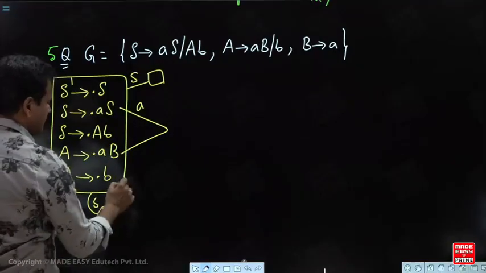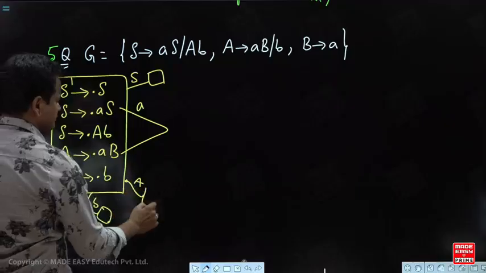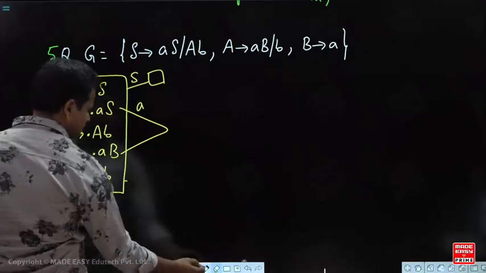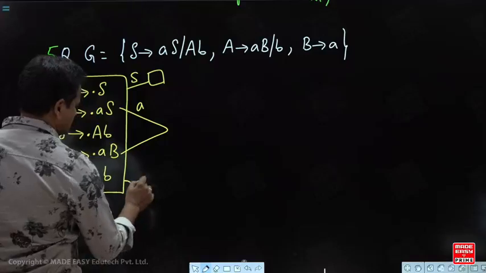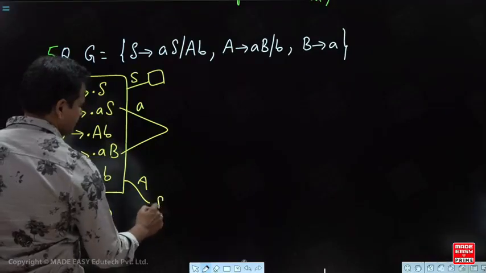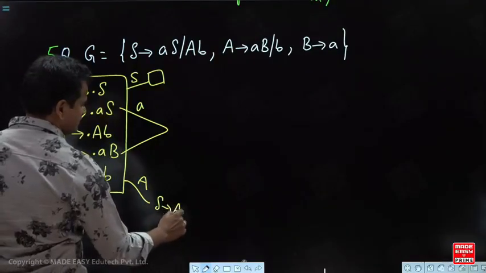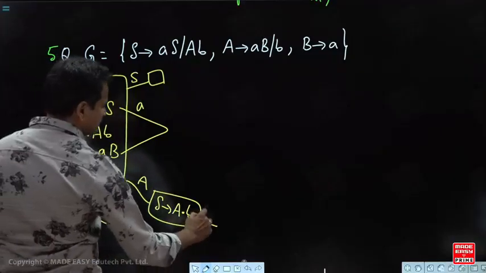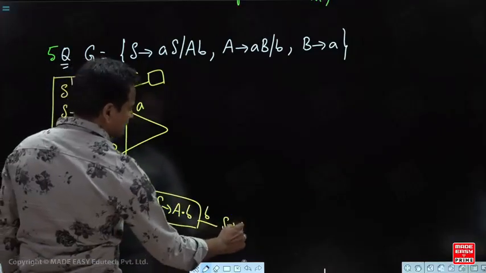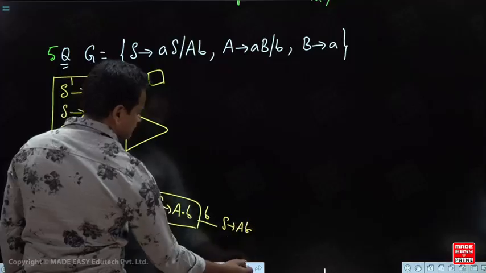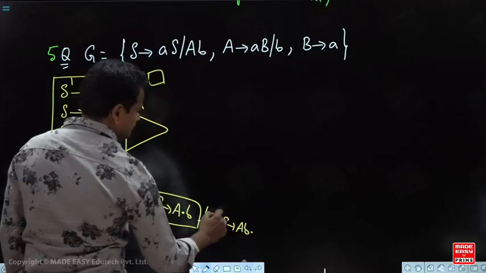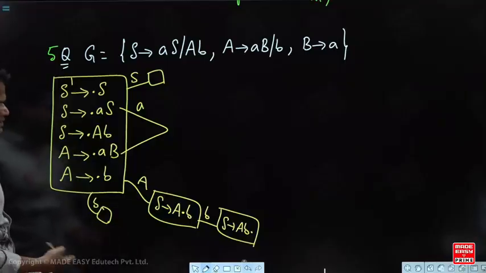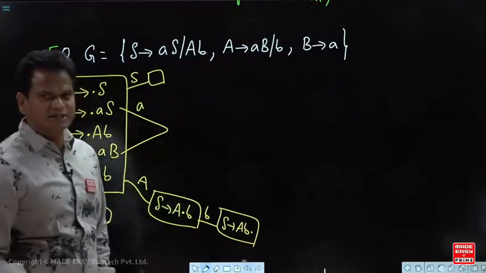So there is no chance of getting multiple productions. On A also single. Why single? Look at this, the dot will be moved like this. And on B, then also single. Look at this, AB dot. So single productions: whenever there are single productions, you don't consider them unnecessarily. If you are writing like this, you are wasting your time. That's it.